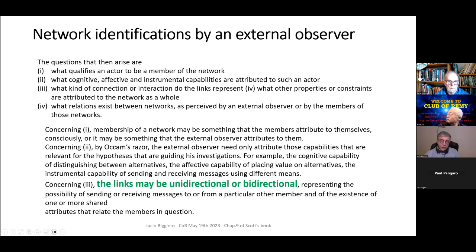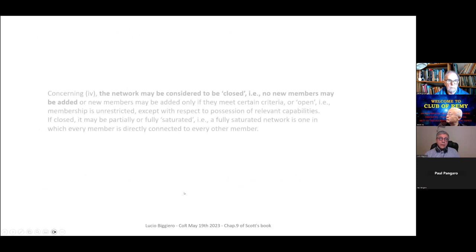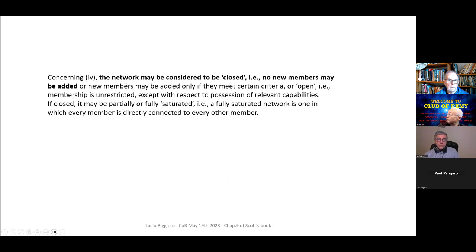Let's just take note of that for what I will say in a moment. Then he says the network may be considered closed if no new members may be added. This is an idea of closure to be discussed. It's not the one usually considered by the theory of autopoiesis.